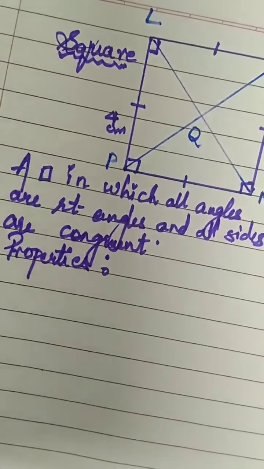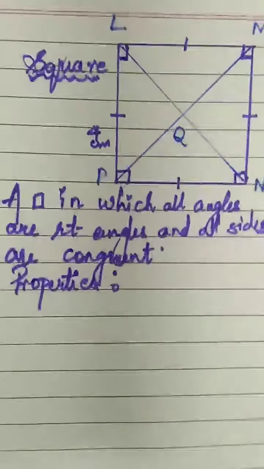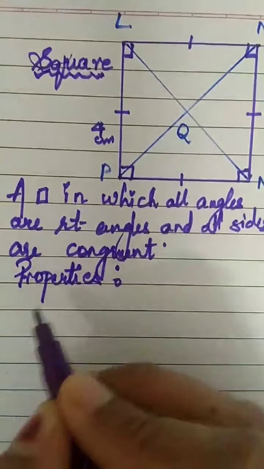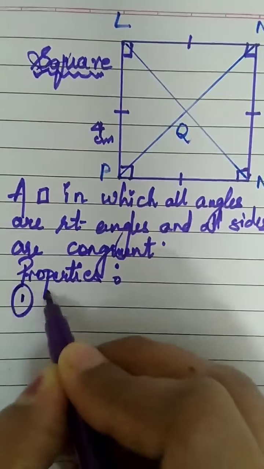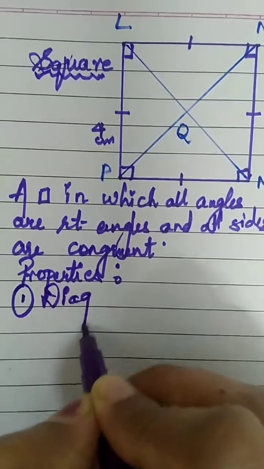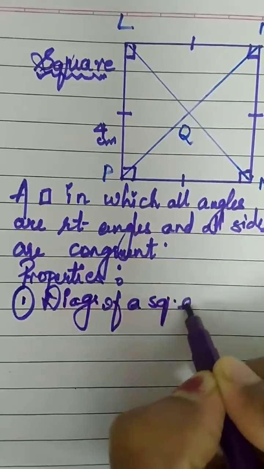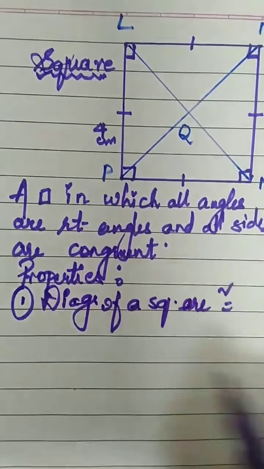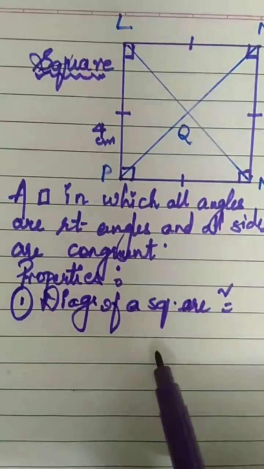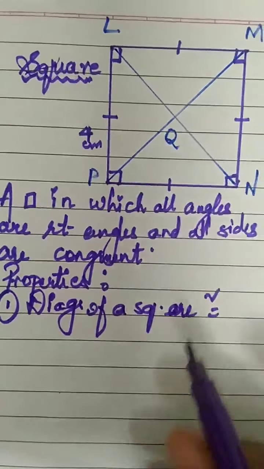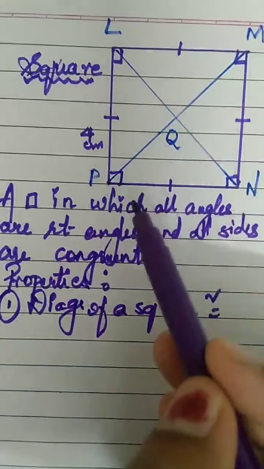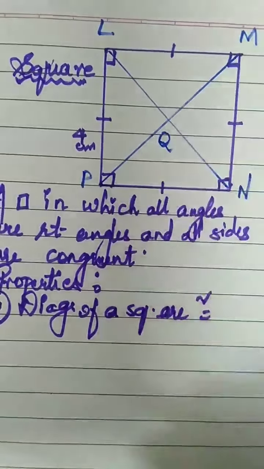What did we understand from this? We understood the first property: diagonals of a square are congruent. In short I am writing diagonals of a square are congruent. That means diagonal LN congruent to diagonal PM.